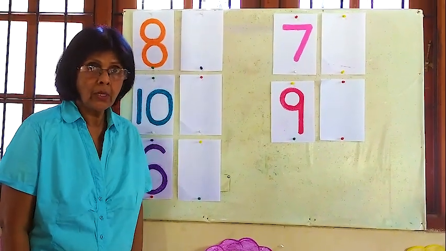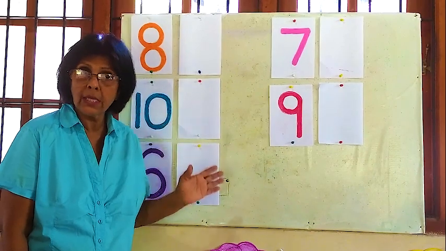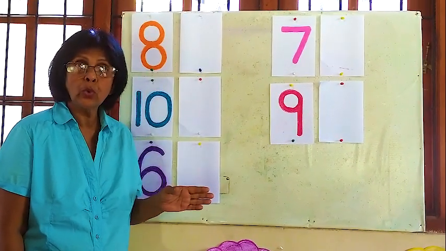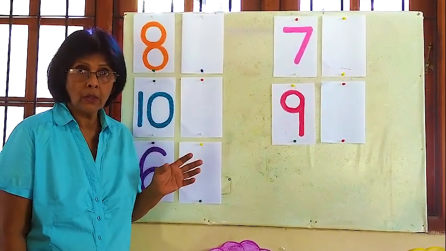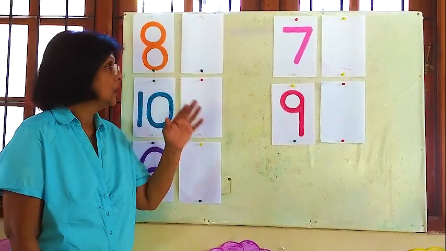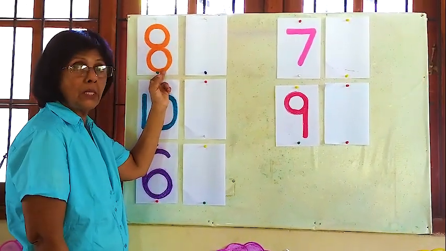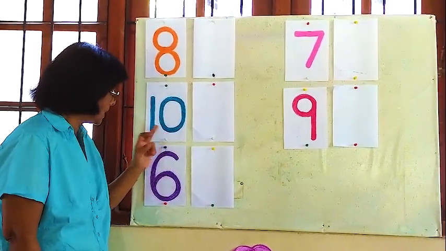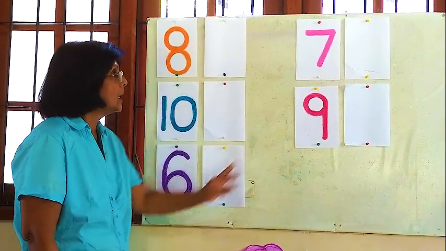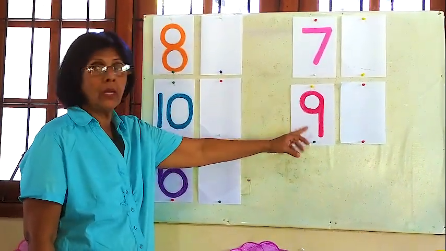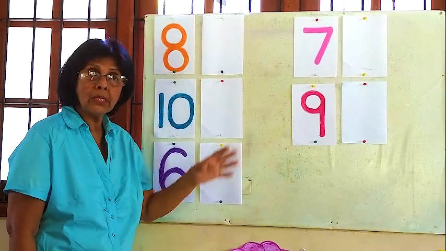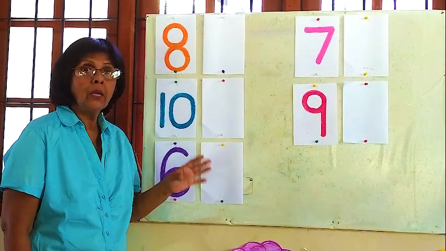Hello children, now in this lesson I am going to teach you how to draw the values. Here number 8, number 10, number 6, number 7, number 9. The numbers are not in order.